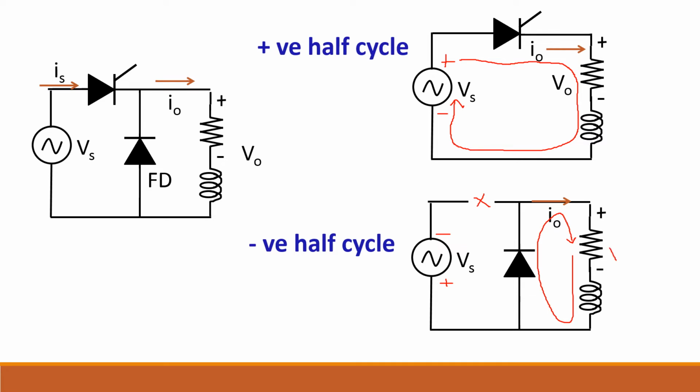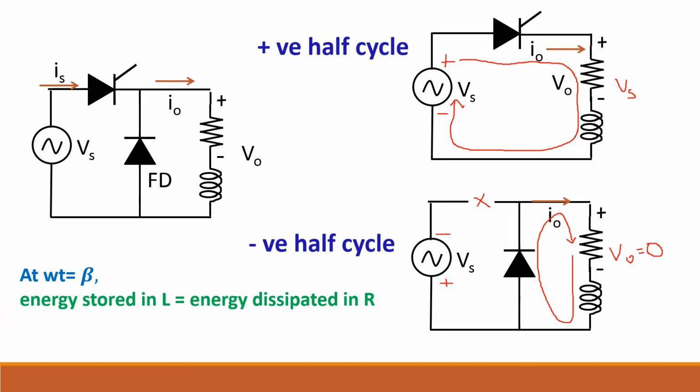Now output voltage V0 is directly in parallel with the diode. So diode voltage is almost 1 volt, or you can take it as a very low value. So V0 is directly shorted. So V0 is equal to 0 in this case. So here V0 is equal to Vs, and in the negative half cycle V0 is equal to 0.